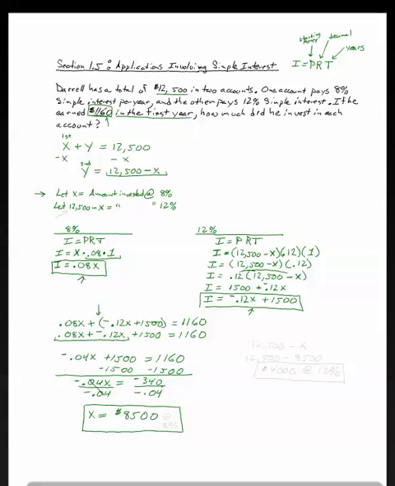So I'll say 8,500 at 8%. To figure out the amount invested at 12%, well, if we look right at our let statement, it's going to be 12,500 minus x. So that's 12,500 minus 8,500, which gives me a total of $4,000 at 12%. I'm done.